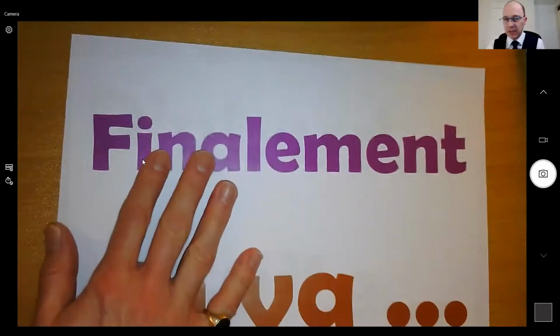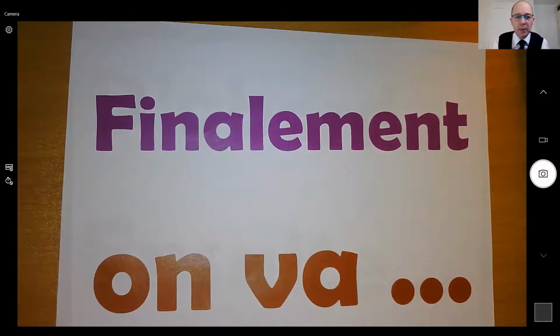And also on the same wall would be quite a lot of fairly thin, narrow pieces of card with infinitives. So on va écrire, on va dessiner, on va chanter, on va lire, on va deviner, on va répondre à des questions, on va whatever else you can think of.